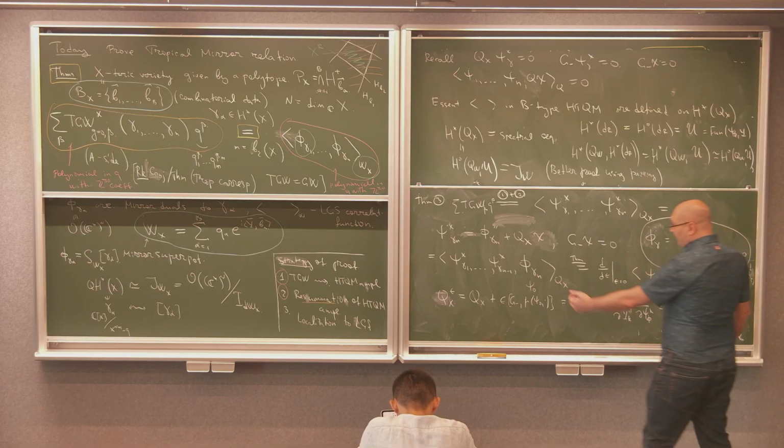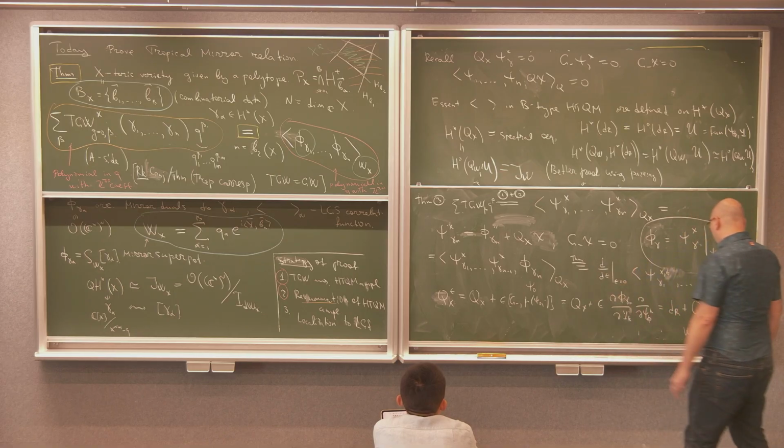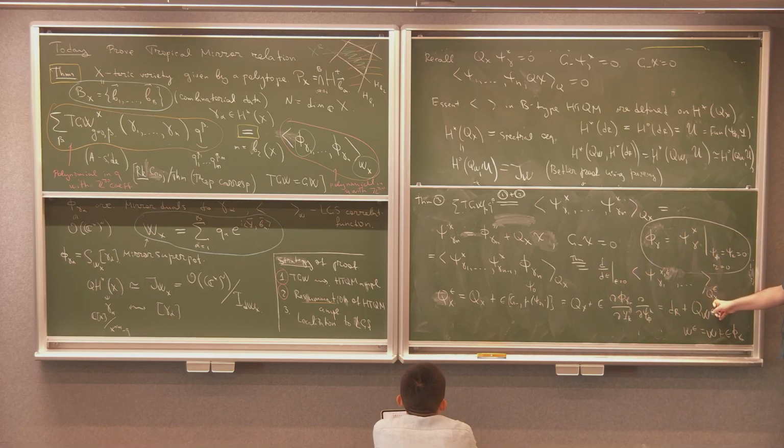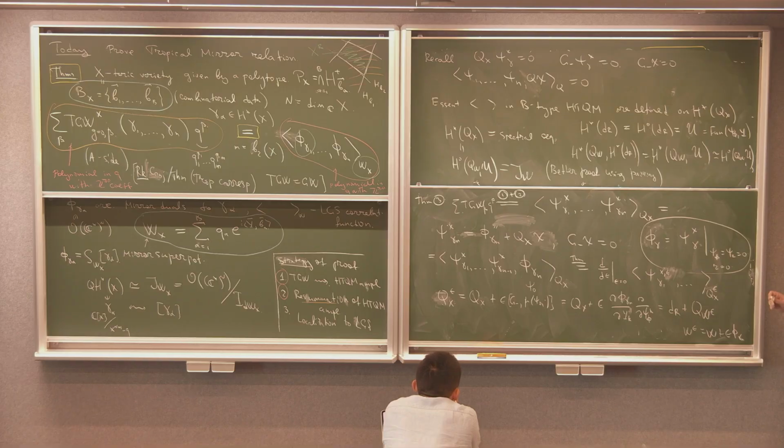So after this change of the representative and applying this theorem, we observed that Qx epsilon is nothing but Q computed not for the mirror superpotential Wx, but for the deformation of the mirror superpotential by epsilon phi gamma n.